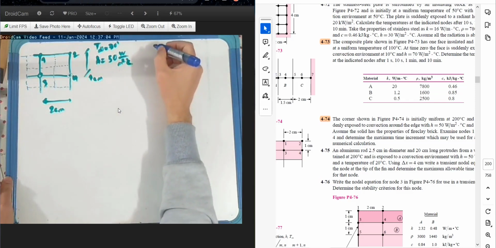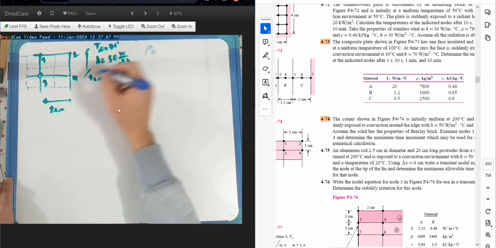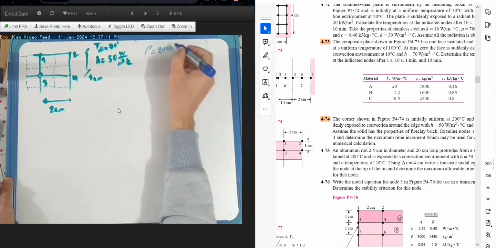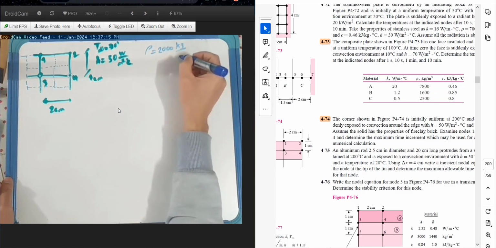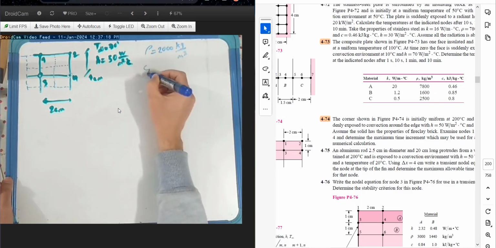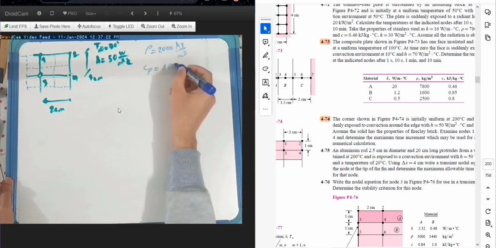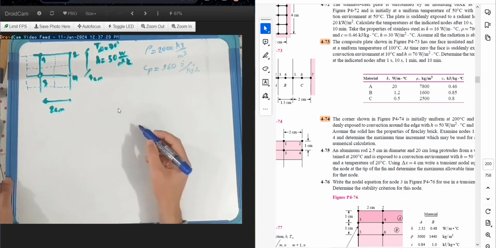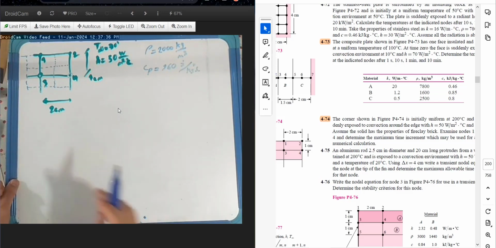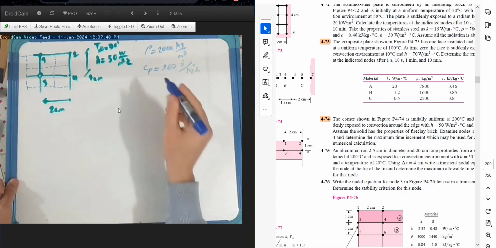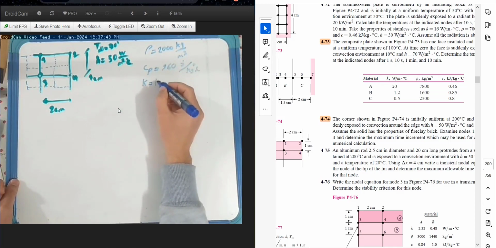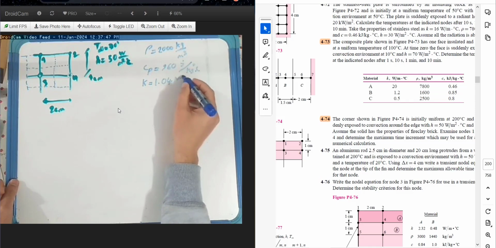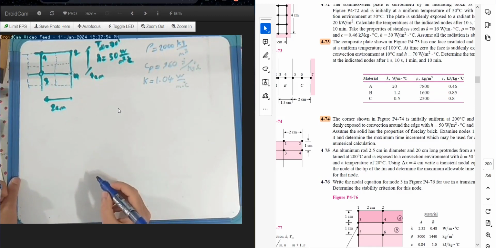From the table we know rho of this material is 2000 kilogram per meter cubed, and its heat capacity is 960 joule per kilogram degree Celsius, and the conductivity of that is 1.04 watt per meter degree Celsius.